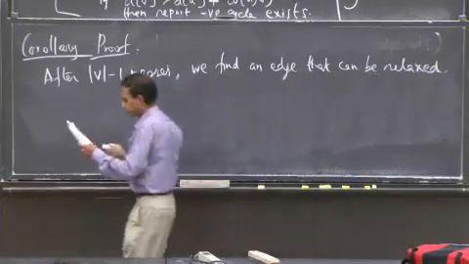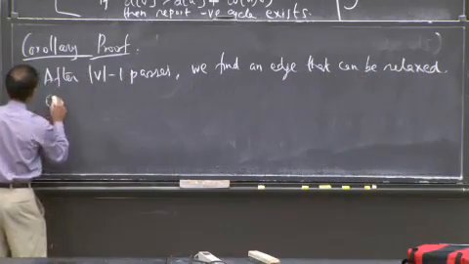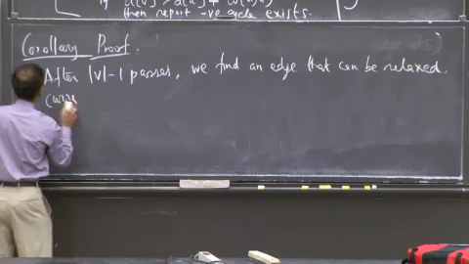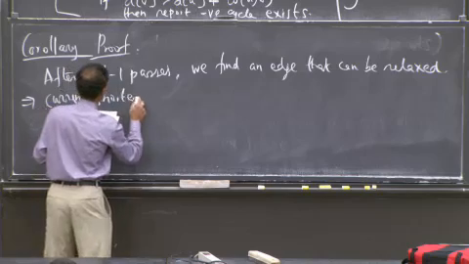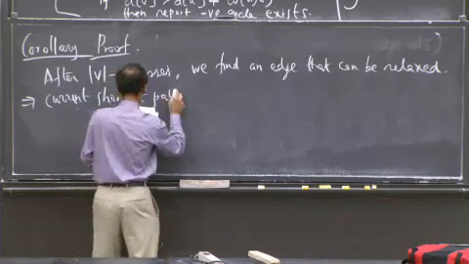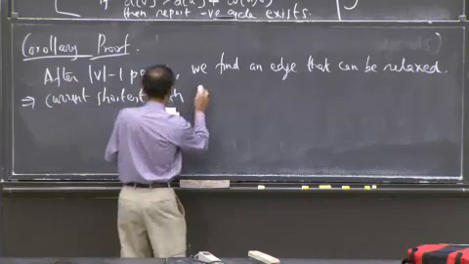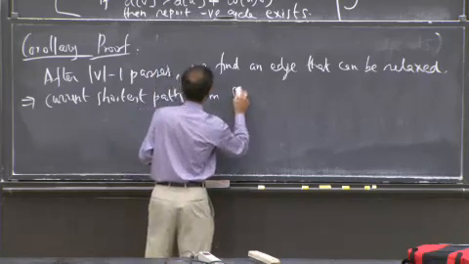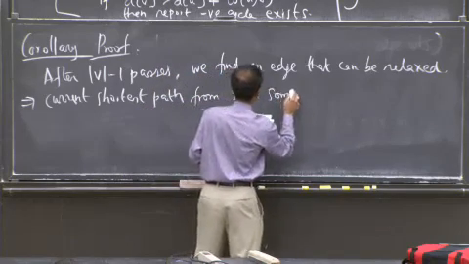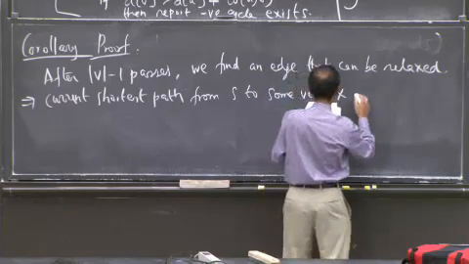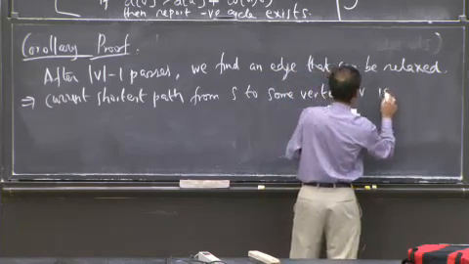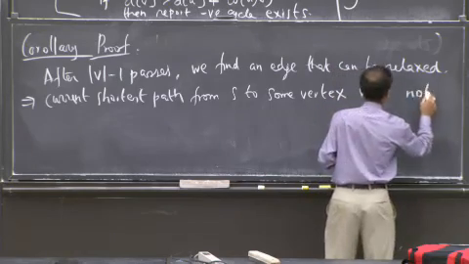Well, this means that the current shortest path from S to some vertex that is obviously reachable, V, is not simple.